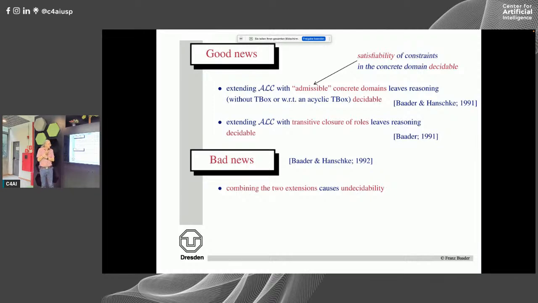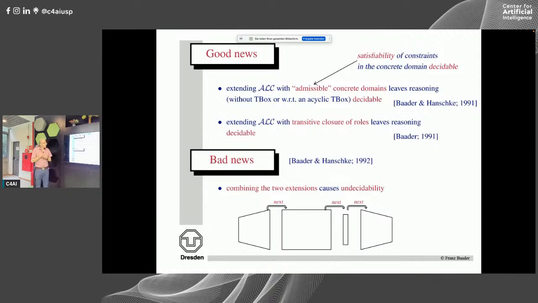So in the end, in the project, they used ALC with concrete domains and handled the transitive closure using logic programming, which in general is of course undecidable. So they put a programming structure on top of it to realize this.